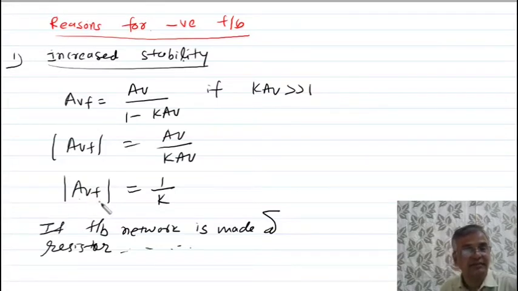It becomes independent of the transistor parameters like its beta and frequency and so on.